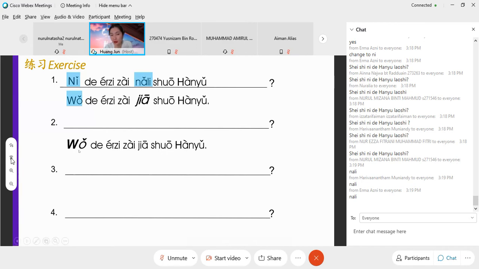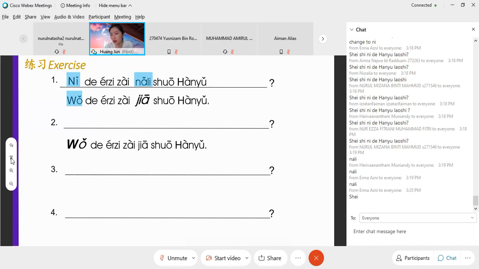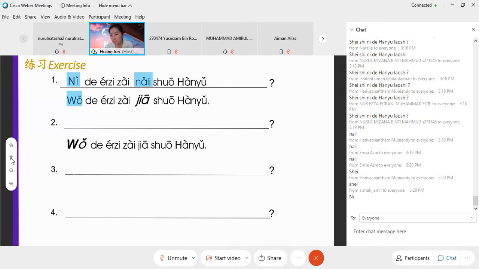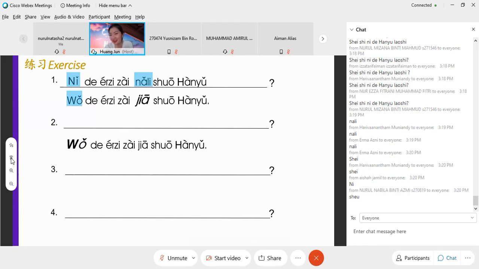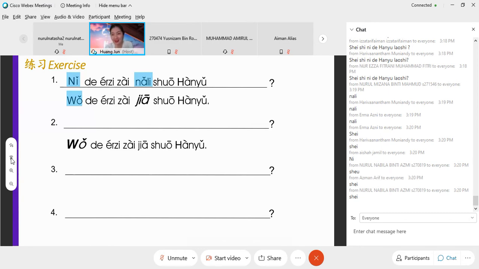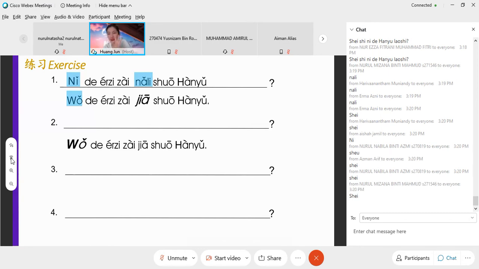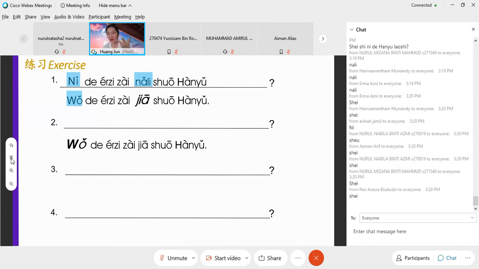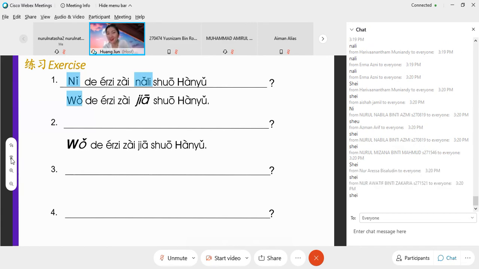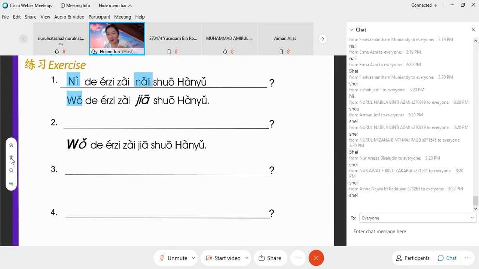Question 2. You have to ask a question to 我. Which question word do you use here? See, we still have people saying 你. 你 is not a question word. So far we only have 3 question words: 谁, 哪里, 什么. We use 谁 because 我 is a person, right? So we put 谁 here.